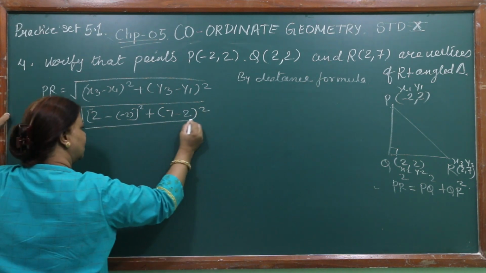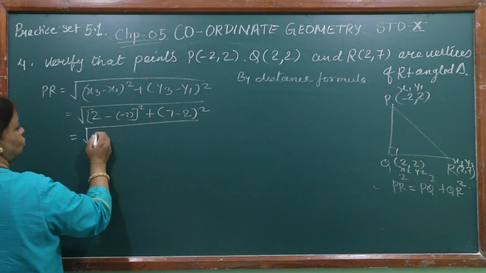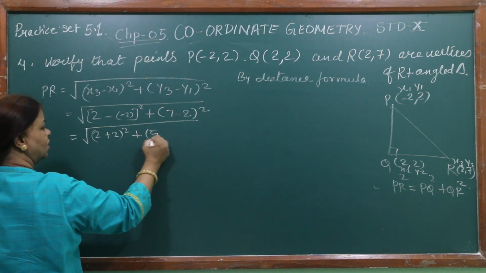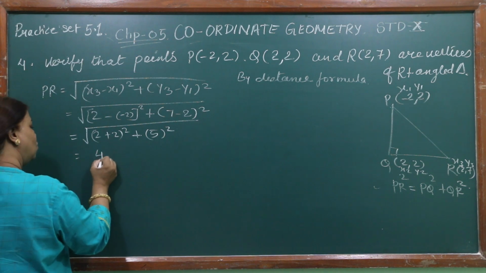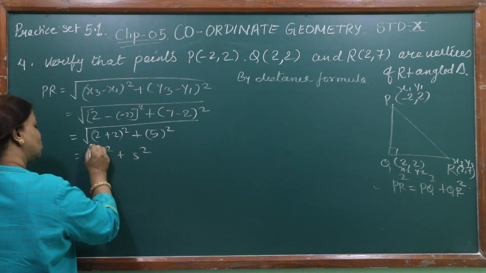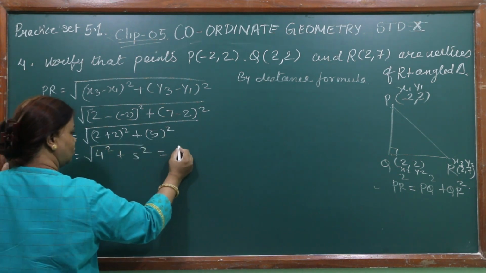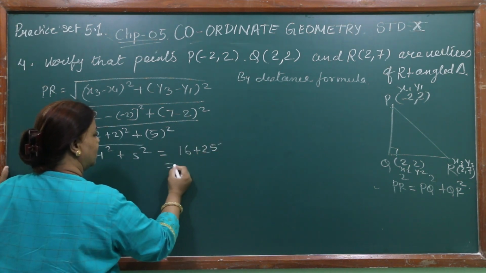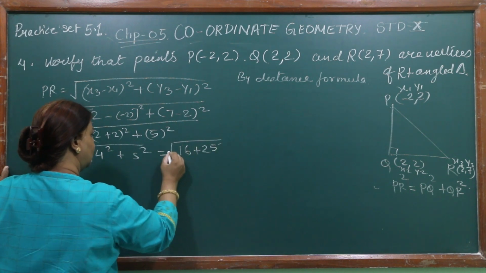What are we getting here now? 2 plus 2 the whole square plus 5 the whole square, that is 4 square plus 5 square, which is equal to 16 plus 25 under the root.